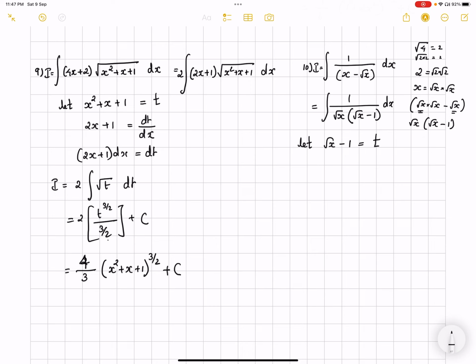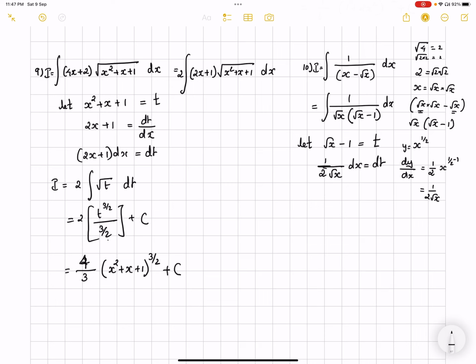When I differentiate both sides with respect to x, here x to the power 1/2 is going to be my y. Then dy by dx is going to be equal to 1/2 into x to the power 1/2 minus 1, which is 1 by 2 root x. So I would be having 1 by 2 root x dx is equal to dt.